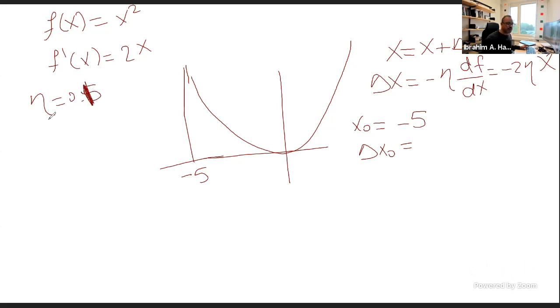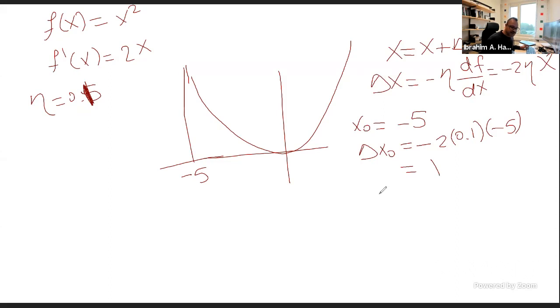So eta equal 0.1. So in this case, delta x0 will be -2 times 0.1 times x, which is -5. So this one will be 1, correct?